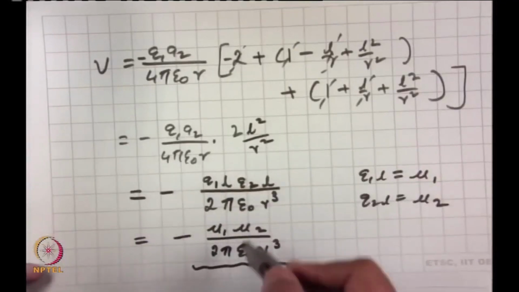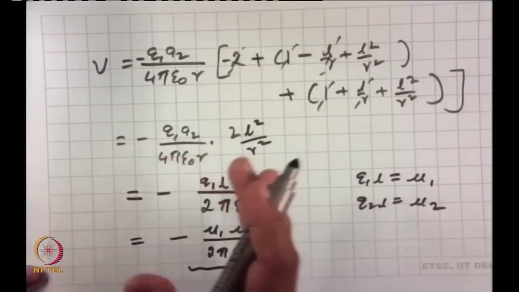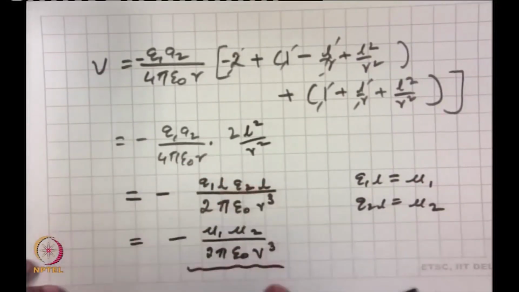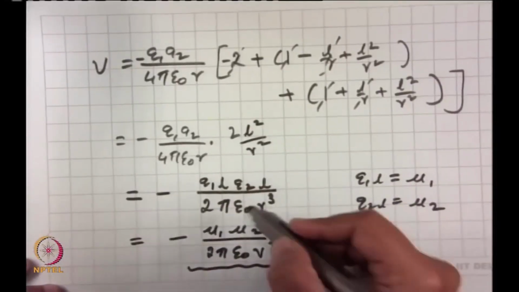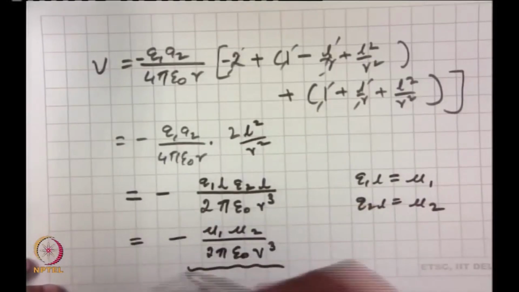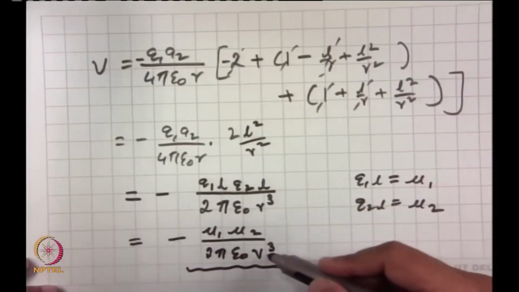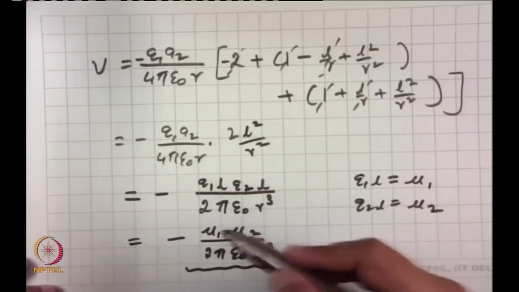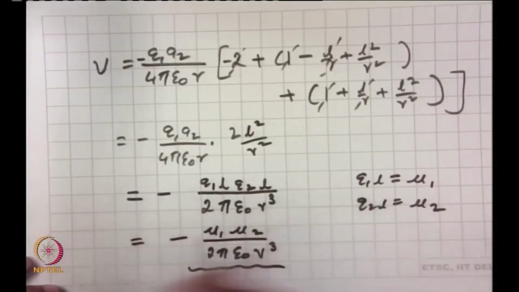But it is very easy to understand. You start from Coulomb's law, q1 q2, 2 charges, you go to an ion and dipole. So, the dipole will have a dipole moment mu 1, you have an ion charge q, and then you go to 2 dipoles where you have the 2 dipole moments mu 1 and mu 2. What is happening is, you can see here it now becomes r cubed. For ion and dipole it was r square, and for Coulomb, with 2 charges or 2 ions, it was r. So, that is how your interaction is changing.